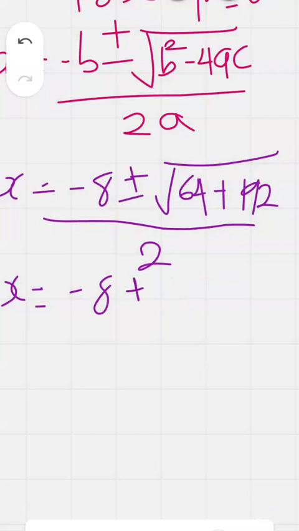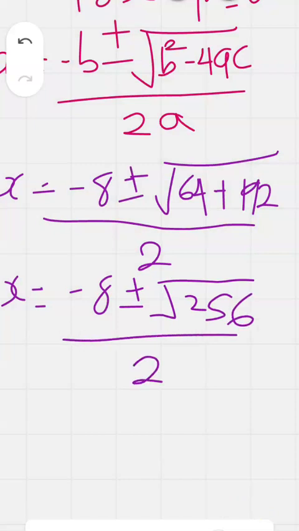So plus or minus the square root of 256, divided by 2. The square root of 256 is just 16. So we have negative 8 plus or minus 16 over 2.